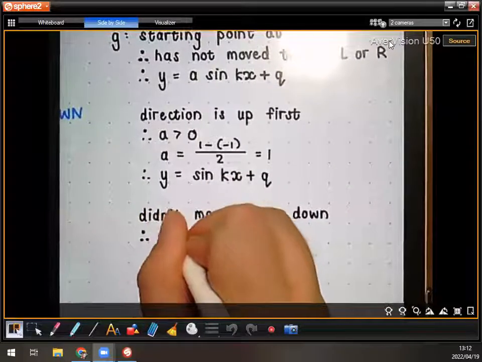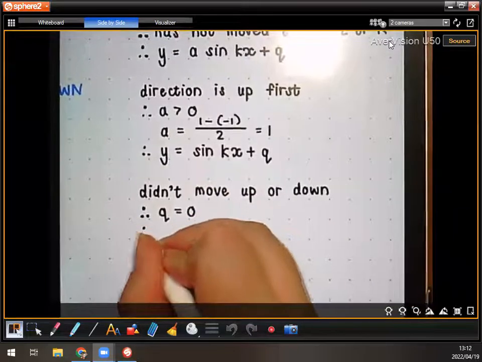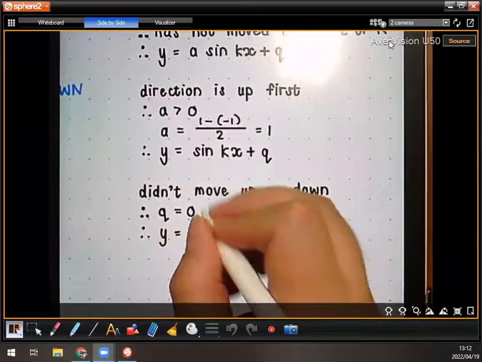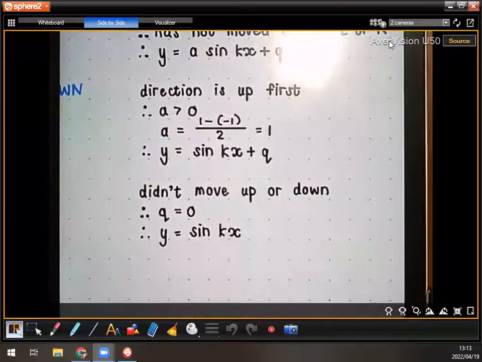Therefore, q is 0. So that is telling us even more about this equation. We're going to have just sine kx, right? Because q now is 0. So y equals sine kx. Now we need to find k.